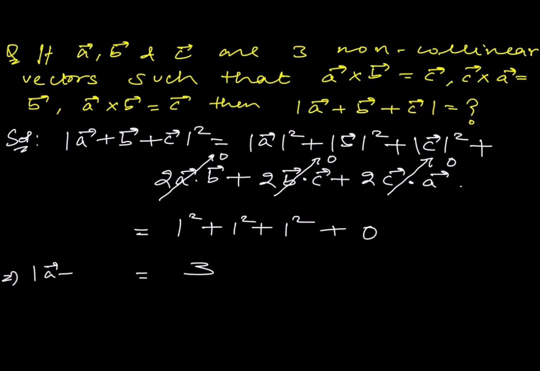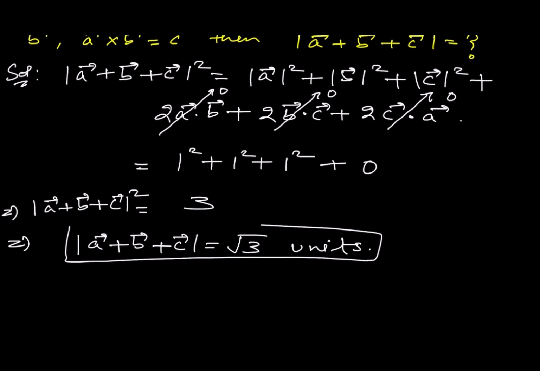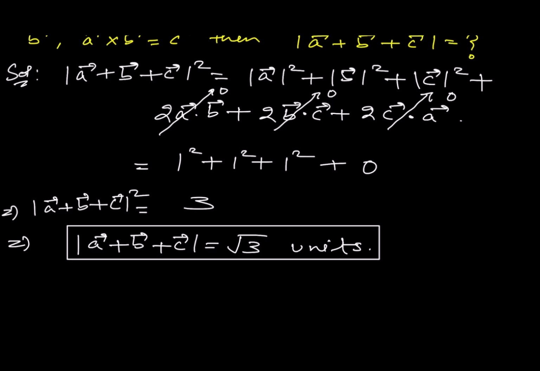Mod of A plus B plus C whole square is 3. So we get mod of A plus B plus C is equal to root 3, right? Or root 3 units. So this is our final answer. Now let us move to next question.